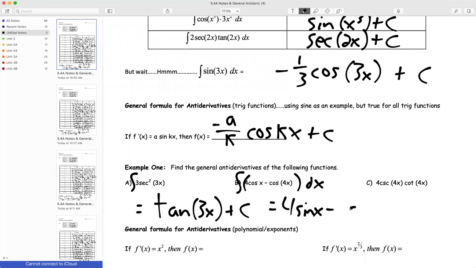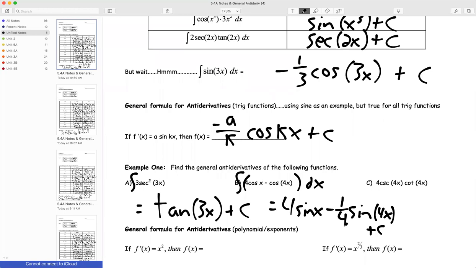So I've got sine of 4x plus my constant there. But then because I have a 4 here, I'm going to take this coefficient and divide it by what's in front of the cosine, which in this case is 1. So I need a negative 1/4 sine of 4x.